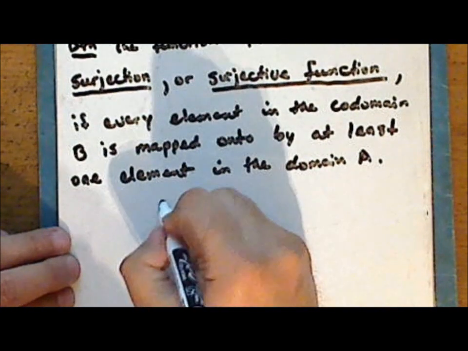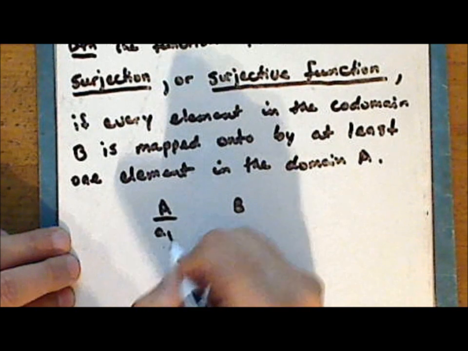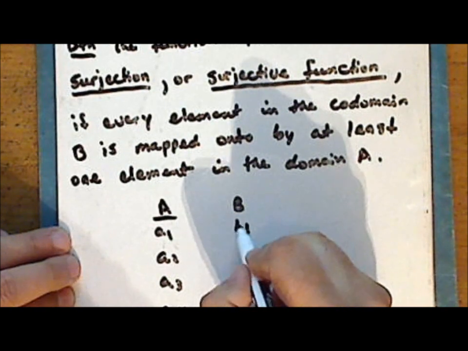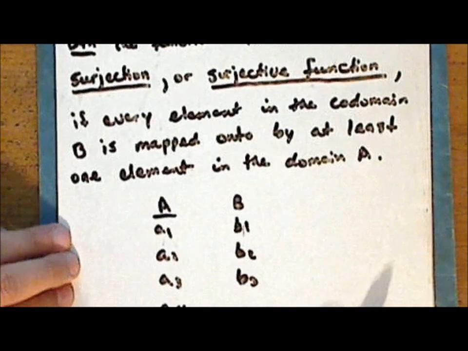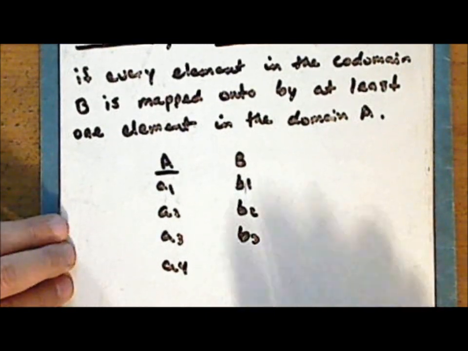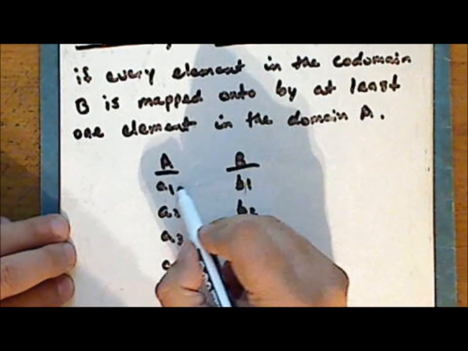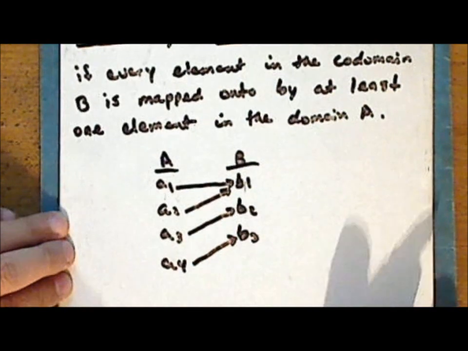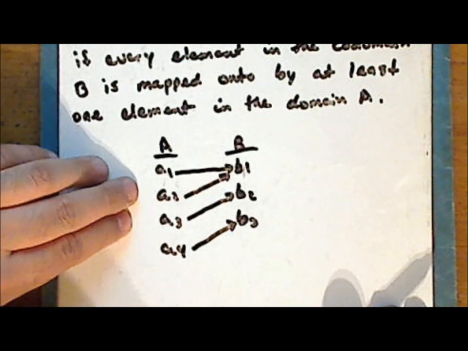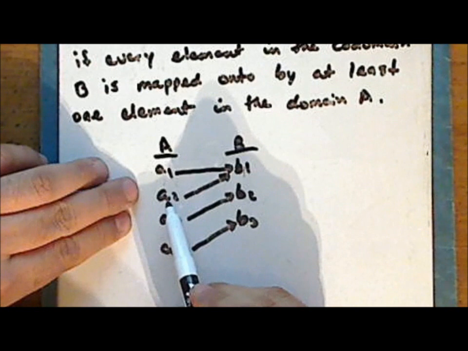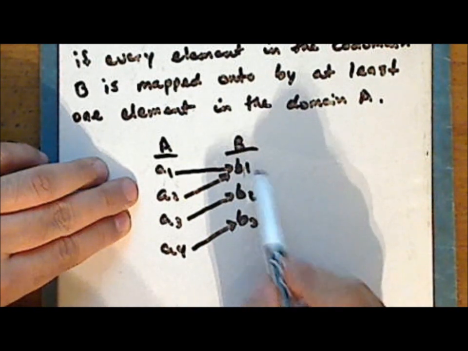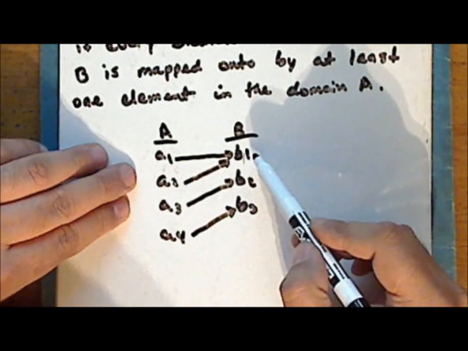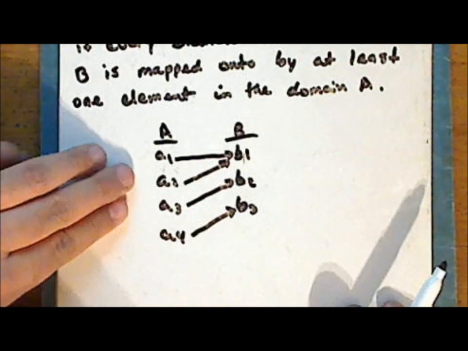So let's look at a simple map diagram. For a function from A into B to be a surjection, each of the elements in the codomain B must be mapped onto by at least one element in the domain A. Now notice here that we no longer have an injection because there are two separate elements in the domain being mapped onto a common element in the codomain, but we do have a surjection because each of the elements in the codomain are mapped onto by at least one of the elements in the domain.